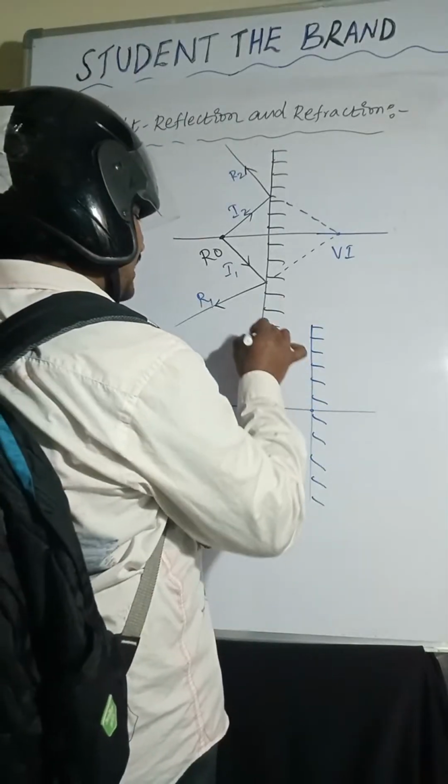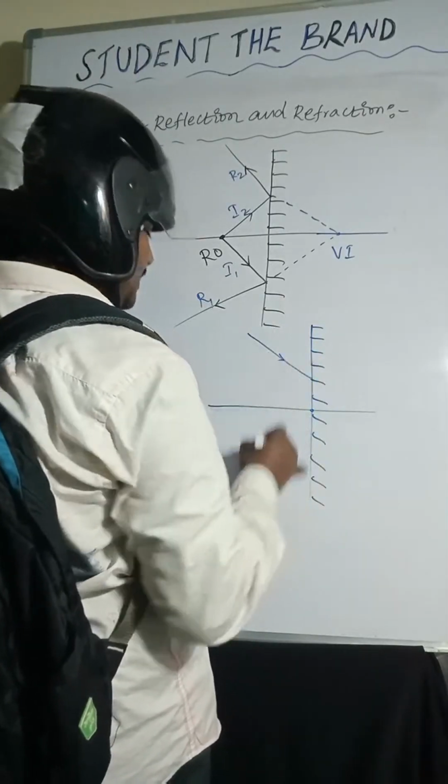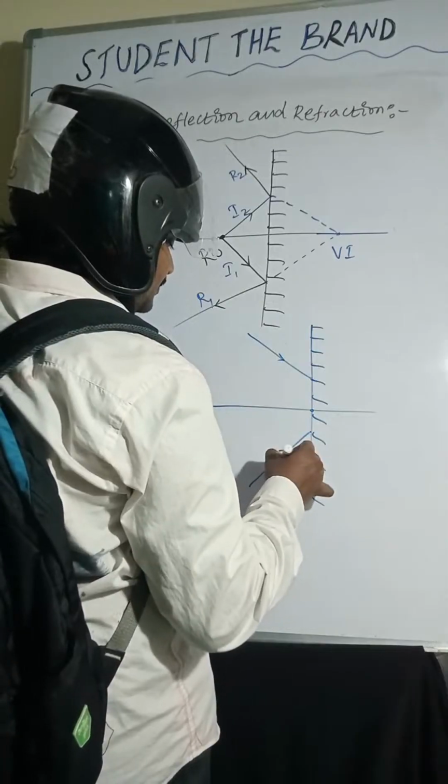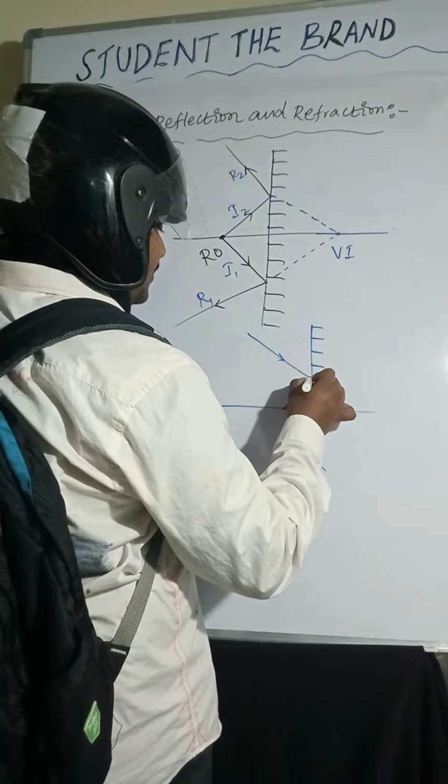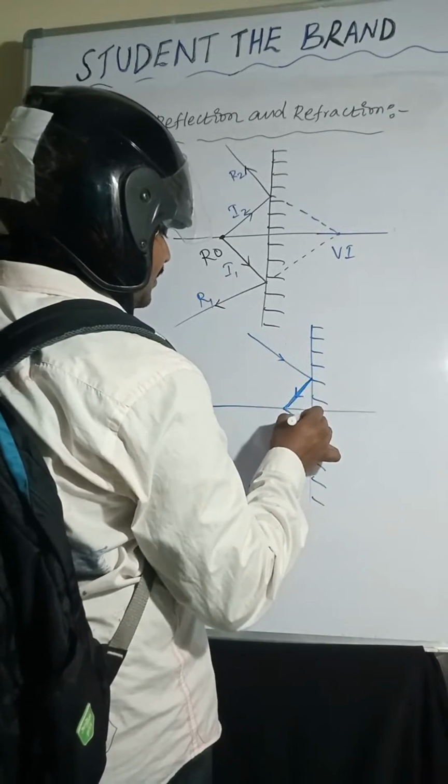Now consider here: light rays are coming from infinity and after reflection these light rays meet.